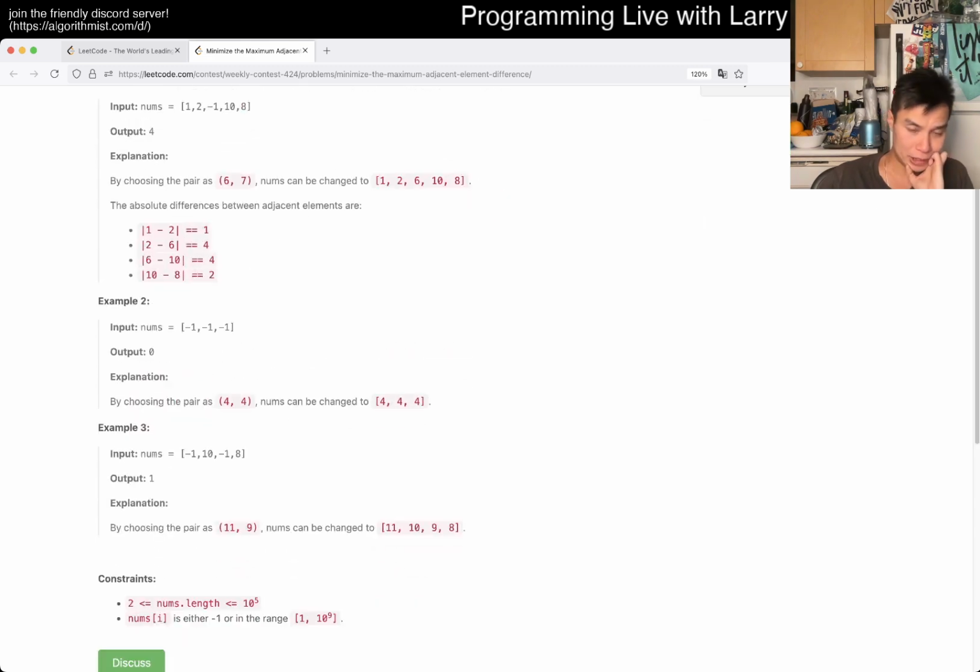But yeah, I feel like a range thing makes sense. Because then you just merge all the intervals. Okay, let's say we have a collection of intervals then, right?